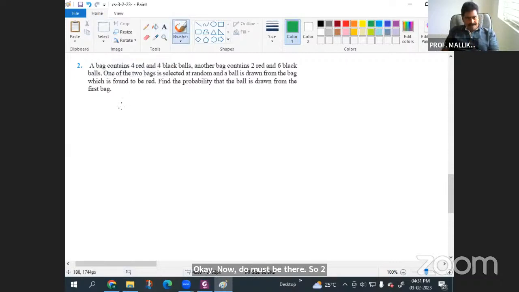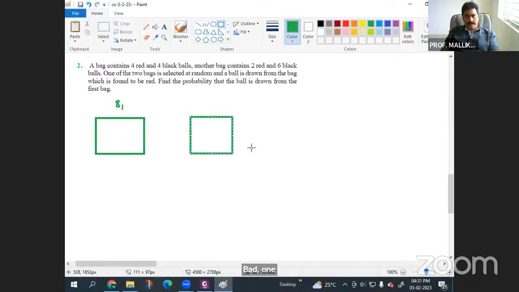Here bag 1 and bag 2. In the first bag, 4 red, 4 black. Second bag, 2 red, 6 black.